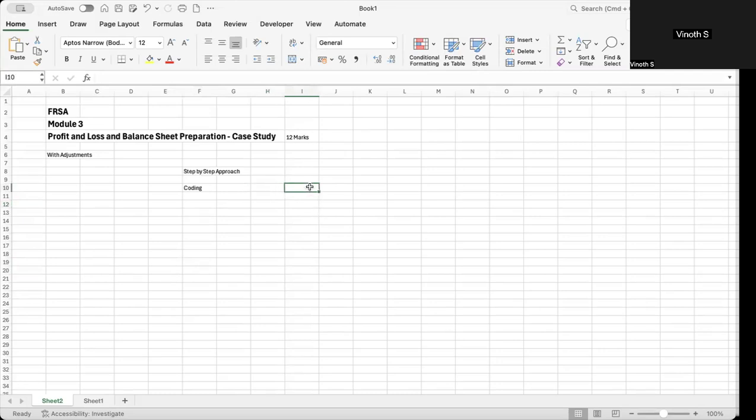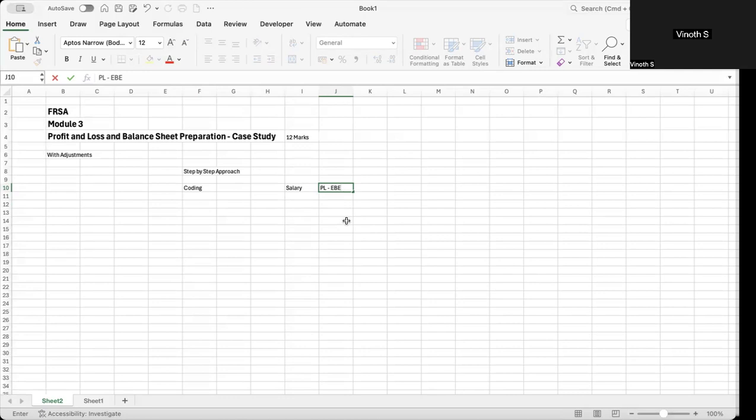For example, salary is an expenditure and it appears in the P&L statement, under the header employee benefit expenditure. My coding for salary will be P&L hyphen employee benefit expenditure, EBE. That way I keep the coding simple.